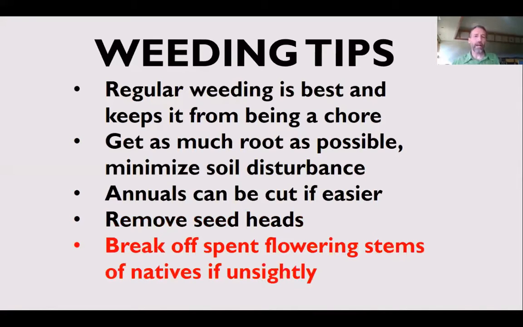And then finally, one of the things to think about for the native plants that you're promoting, you may not like how they look after they're done flowering. They may get kind of tall and rank, or they may get brown and look sort of dead looking. Go ahead and just break the stems off if they get to that point.